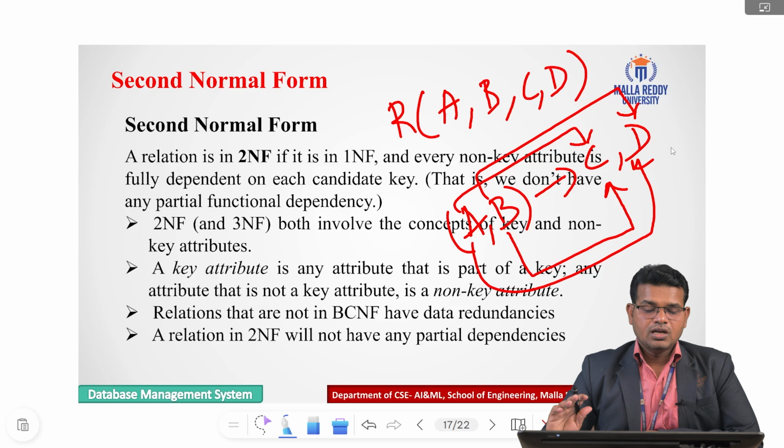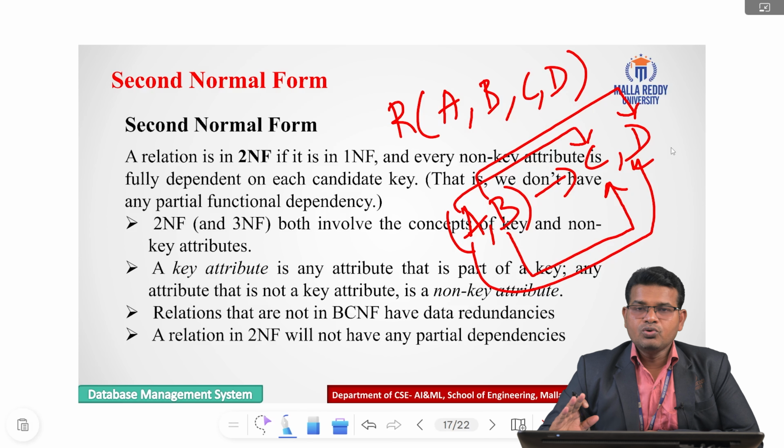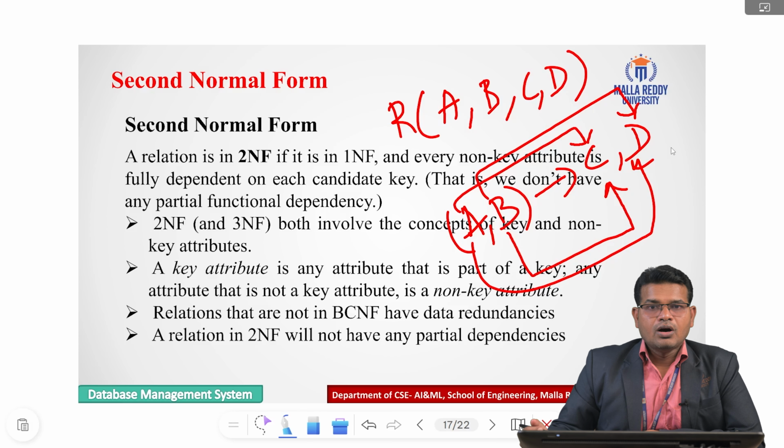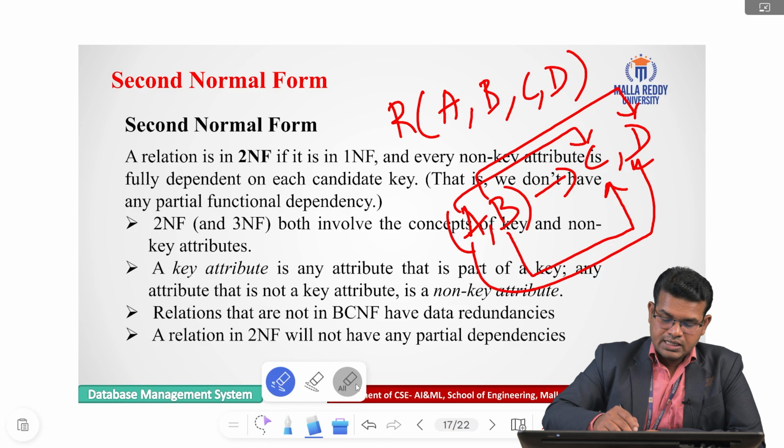This kind of dependency needs to be eliminated. If you eliminate partial dependency from the table, then it will automatically be converted into second normal form. I hope it is clear.